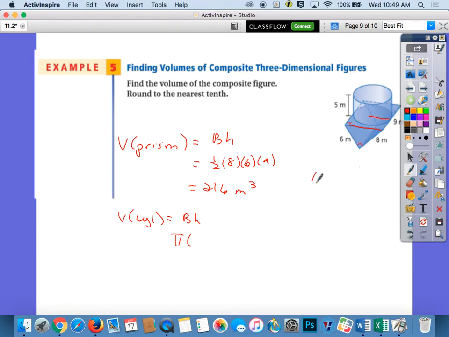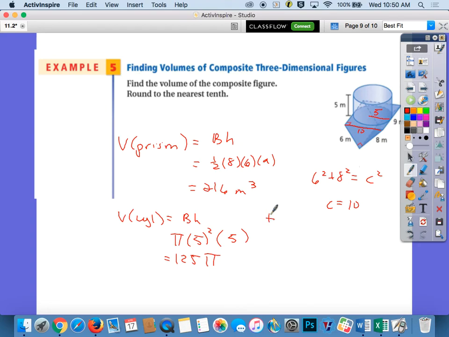So 6 squared plus 8 squared is going to be c squared. You end up getting c is 10, so that means this is 10. Or you can recognize your Pythagorean triple, making this 5. So pi r squared times your height, which is 5 as well. Then you end up having 125 pi here, guys.